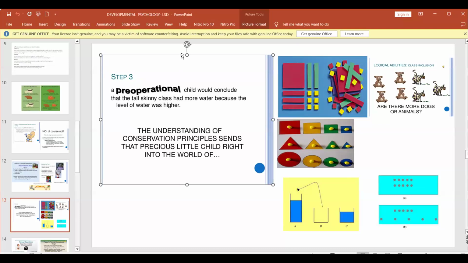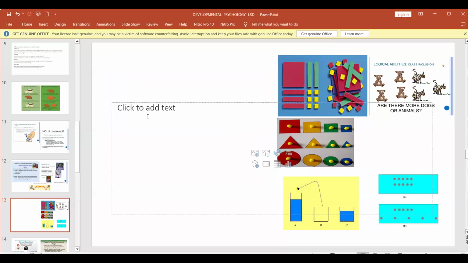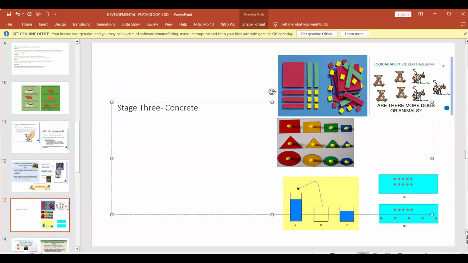So how does the child develop cognition? That is through concrete experiences given to the child. That is very important. Stage 3, we call it concrete operational. So the child develops cognition through concrete experiences presented to the child.